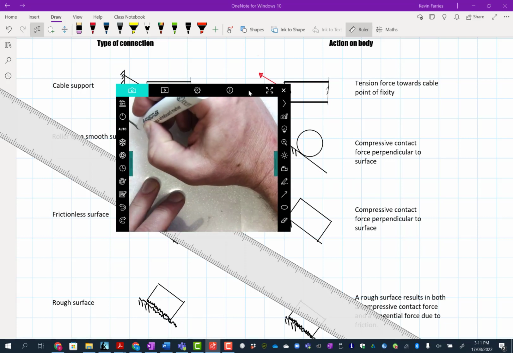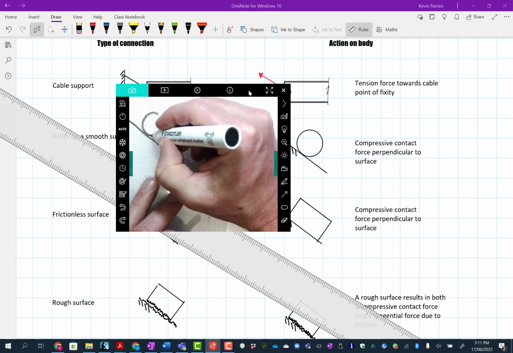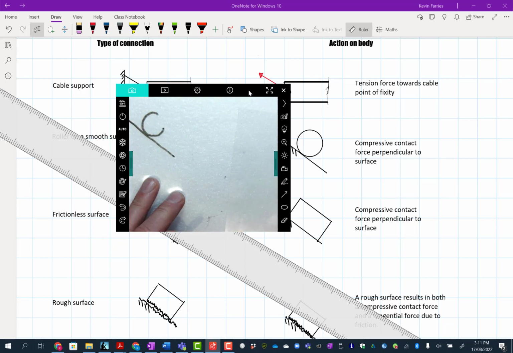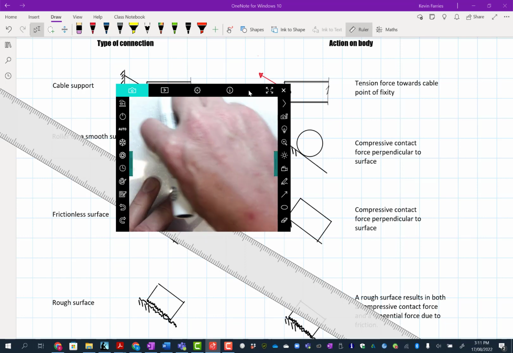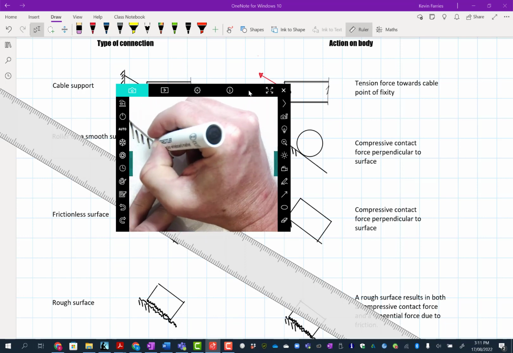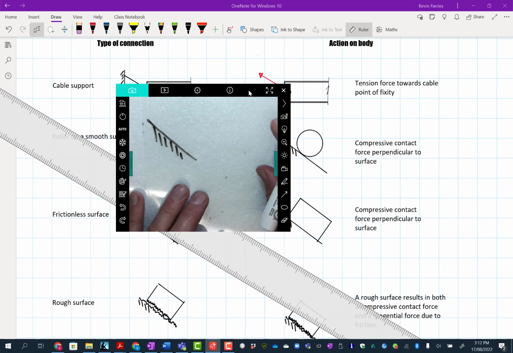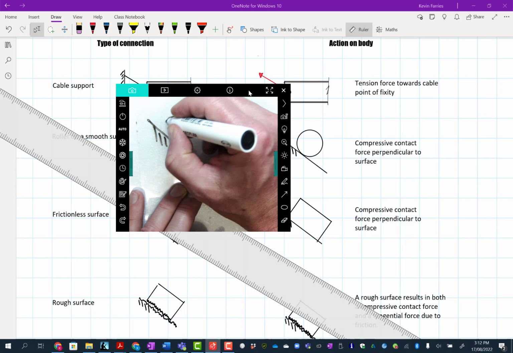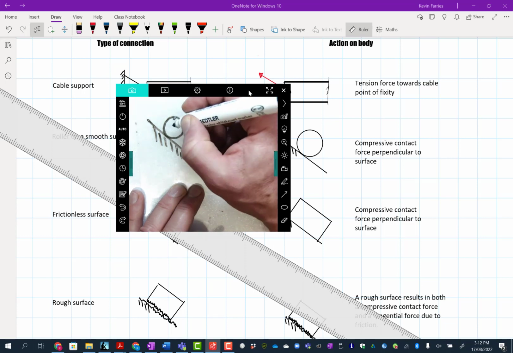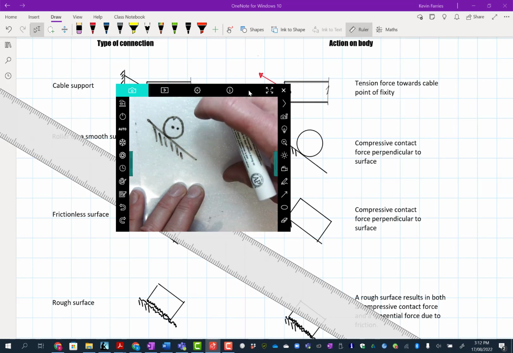So if you've got a smooth surface like this, first of all, we just want the smooth surface, like so. And then let's move that across a little bit. And then we've got a roller on top of that. Let me just put a point on that and see how we go.